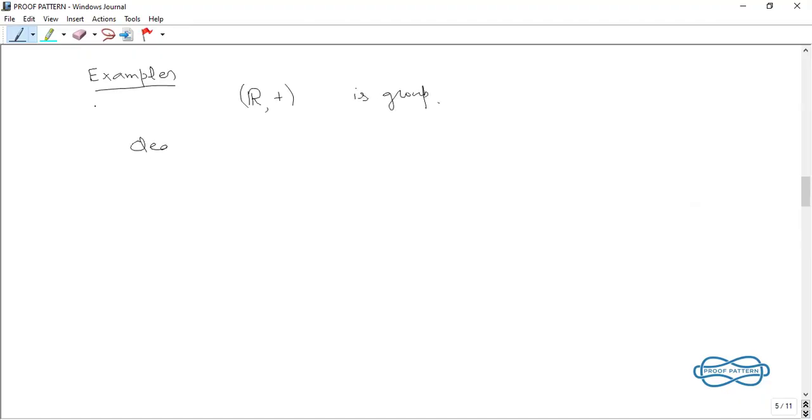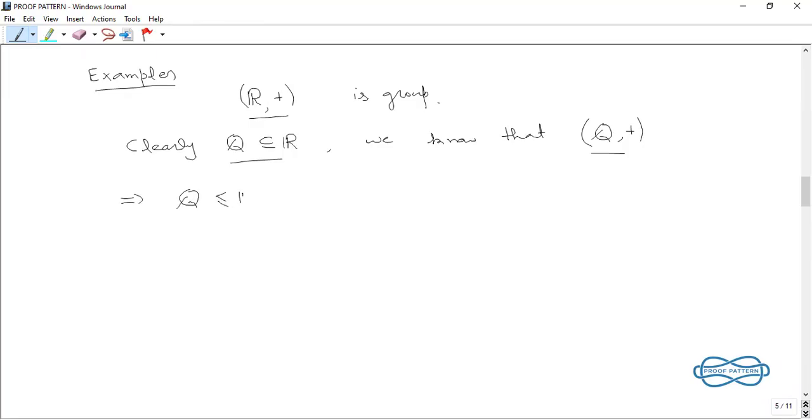Clearly, the set of integers is a subset of R, and we know that Q itself is a group under addition because the binary operation of this group and this group is the same and Q is a subset of R. This means Q is a subgroup of R. Also, this set of integers is a subset of R, and is a group under addition, which is the same binary operation as of R.